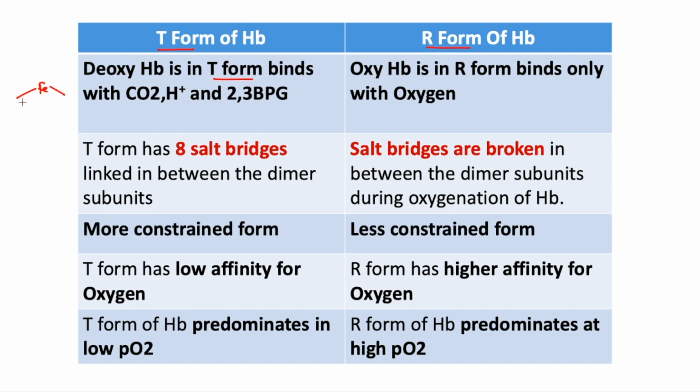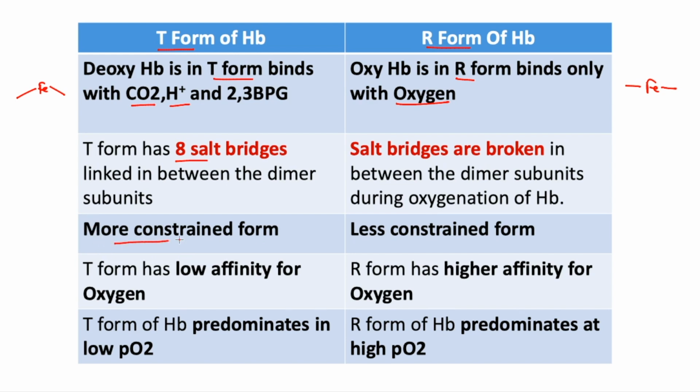The iron and the heme group are bent here, and it binds with carbon dioxide, H plus and other groups, whereas the oxyhemoglobin is in the R form, the relaxed form, where the iron and the heme groups are planar and it only binds with oxygen. T form has 8 salt bridges linked between the dimer subunits, whereas in the R form the salt bridges are broken between the dimer subunits during the oxygenation of hemoglobin.